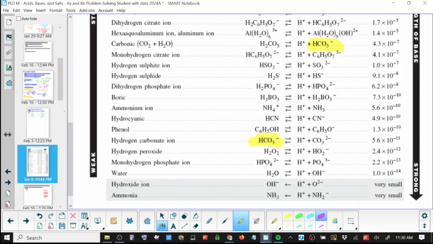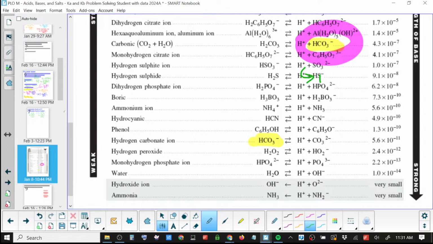Which one do we use? The top one or the bottom one? Bottom. Nope. It's not because it's a bigger number; it's the top one. Why? What are we calculating? KB. What does B stand for? Base. Which one of those has it as a base? The 4.3. Here's the base.